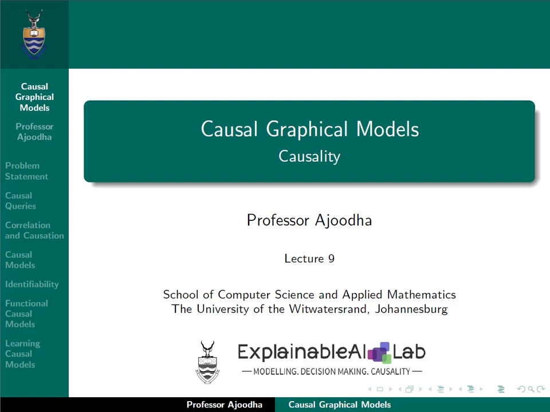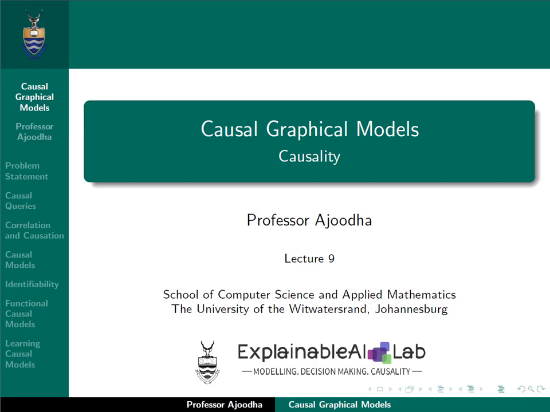So we'll have to extend that kind of framework that we've been busy with all the time to be able to answer causal queries, and this is where we get this idea for causal graphical models. So it's based on the same framework, it's just that we're expanding this framework for causal interpretation.